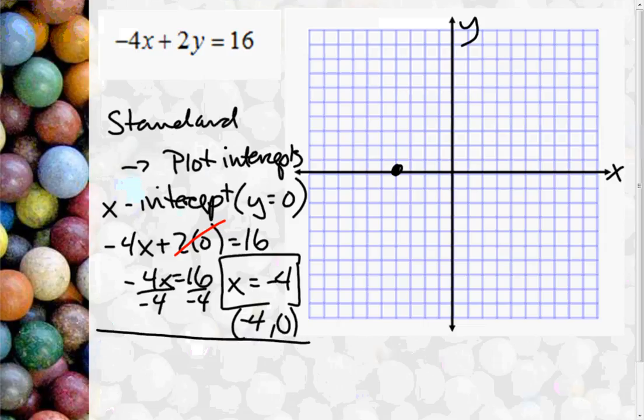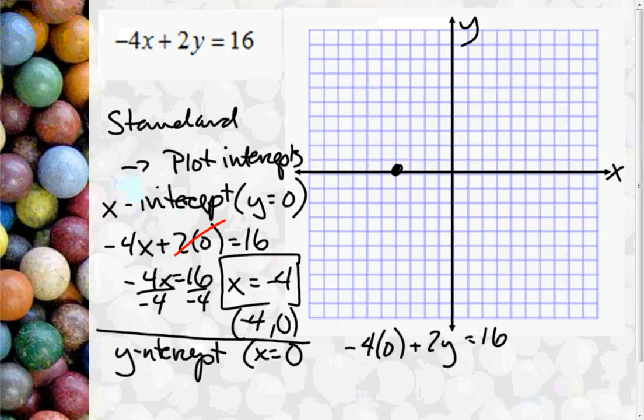Now you're going to do the same thing with your y-intercept. With your y-intercept, x is equal to 0. So I get negative 4 times 0 plus 2 times y is equal to 16. That's going to go away. Y equals 8, so I'm going to get 0, 8.